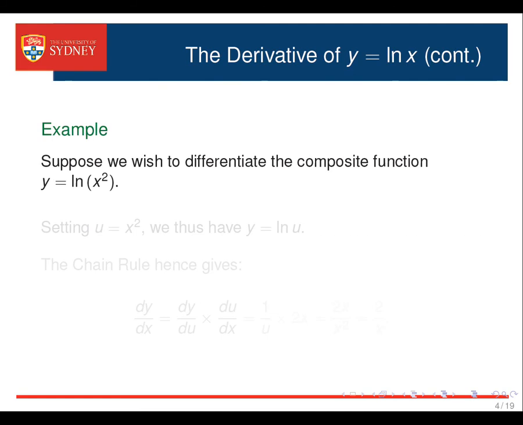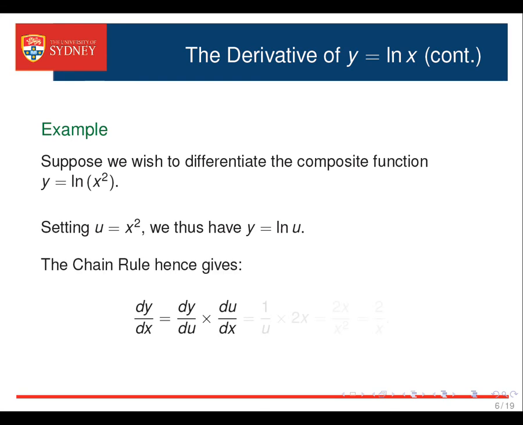Using the above fact, let's try and differentiate the composite function y equals ln of x squared. By setting the inner function u to be x squared, we can therefore write y in terms of the variable u. That is, y equals ln u. The chain rule then states that the derivative we seek, dy dx, is equal to dy du times du dx.